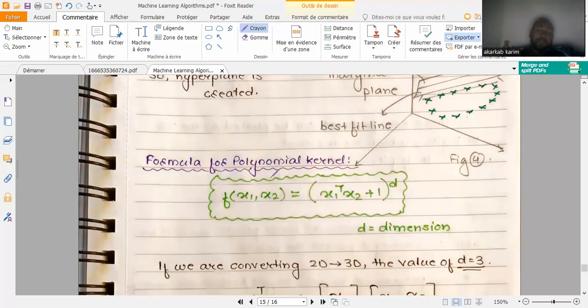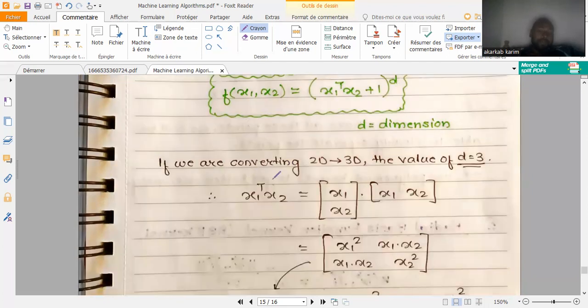The formula of the polynomial kernel is K of x1, x2 equal to (x1 transpose x2 plus 1) to the power d, where d is the degree. If we are converting from 2D to 3D, the value of d is equal to 3. This is x1 transpose x2 equal to (x1, x2) times (x1, x2), which equals x1 squared, x1 x2, x2 x1, and x2 squared.